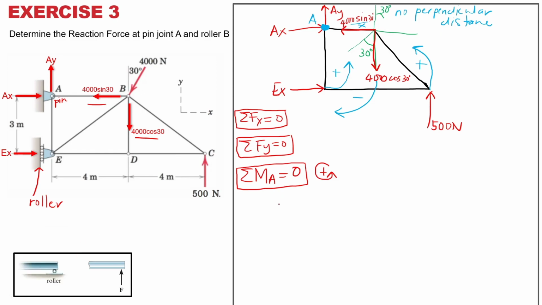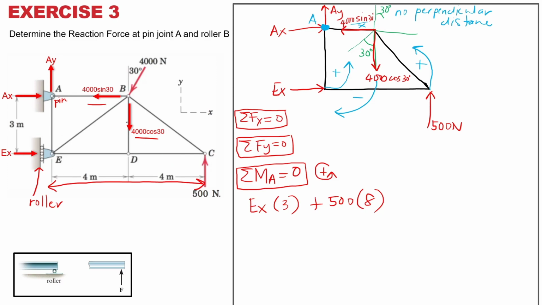So now, let's put in properly in our equation. Starting with EX, distance perpendicular 3. Okay. And then 500 Newton. Distance dia adalah 8 meter, all the way from origin sampai dekat 500 Newton tu.